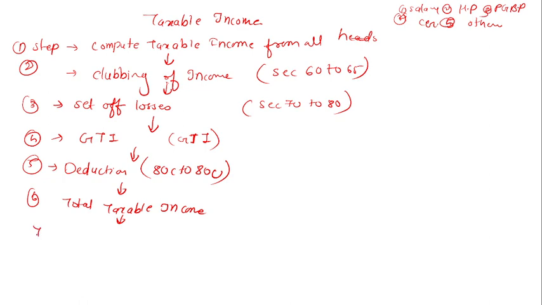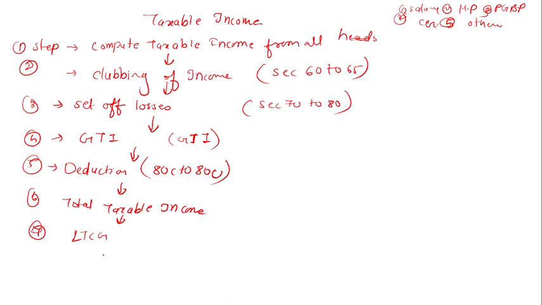After that, in the seventh step we will deduct LTCG and lottery income in full amount from the total taxable income.